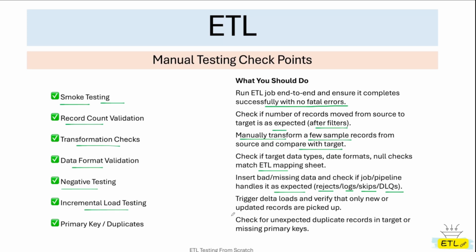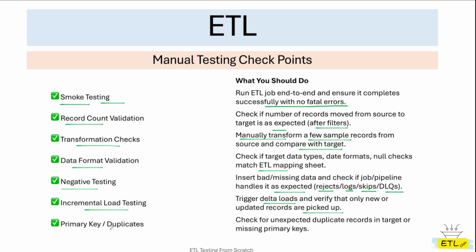Incremental load testing. Trigger delta load and verify that only new or updated records are picked up. So this is particularly useful when you have database trigger based jobs. Okay. Primary key and duplicates.